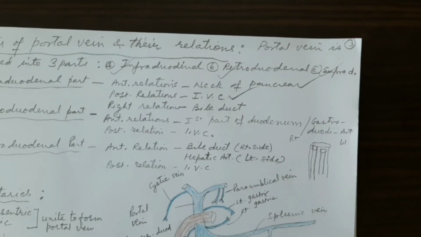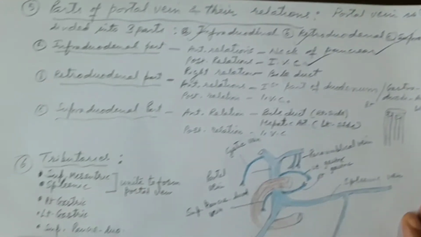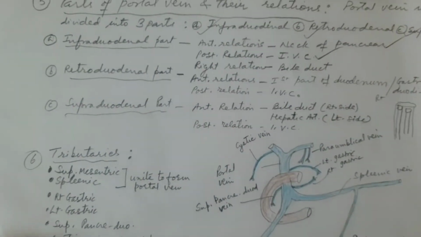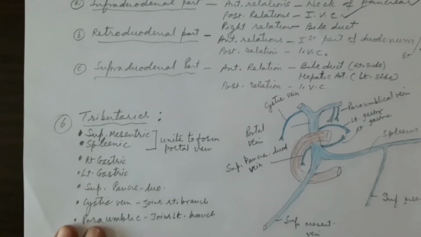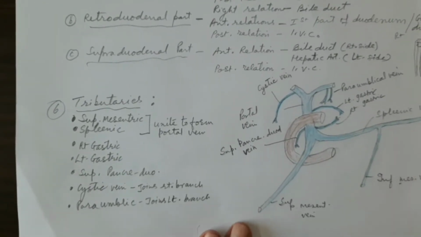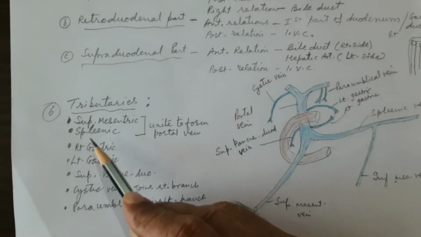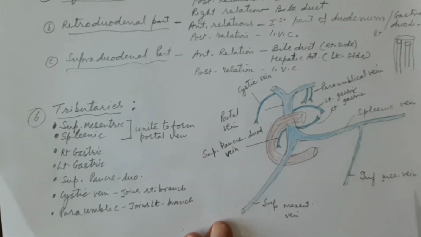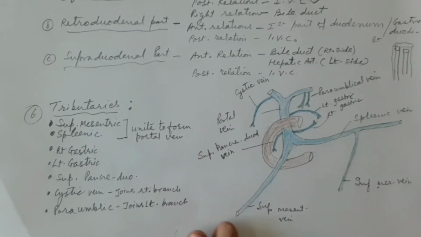Right. Then we come to the tributaries of the portal vein. There are many tributaries which bring blood to the portal vein. Let us see the list of the tributaries first. These two, superior mesenteric and splenic, unite to form the portal vein, so naturally they are the biggest tributaries.